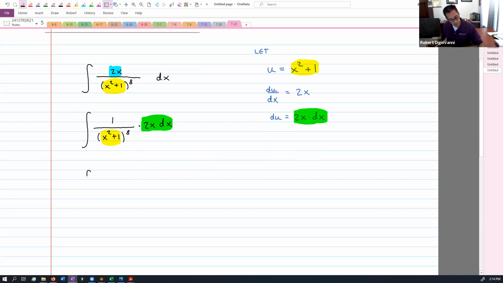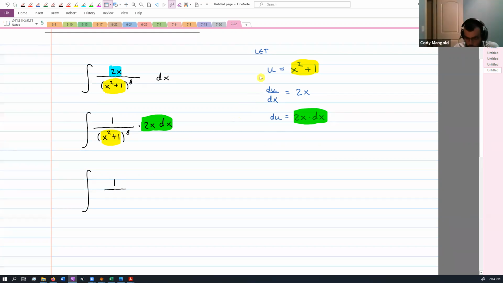I am going to rewrite this, but instead of having x's in my integral, I'm going to have u's. So this first part gets rewritten as 1 over what? What's the yellow part? Yeah, 1 over u to the 8th, right? So this is 1 over u to the 8th times 2x dx, which is what? du.